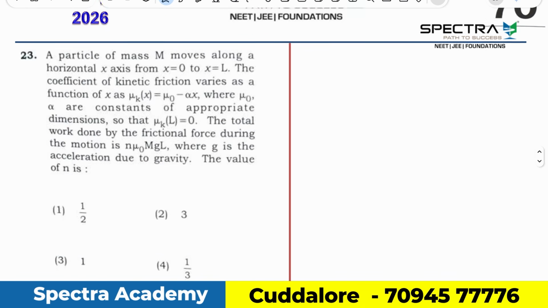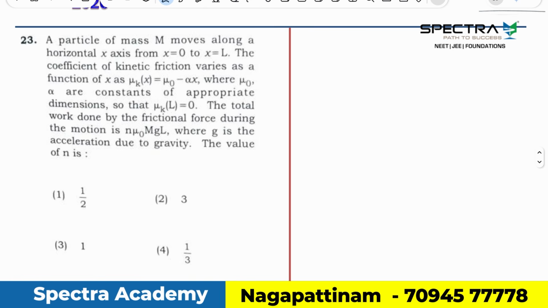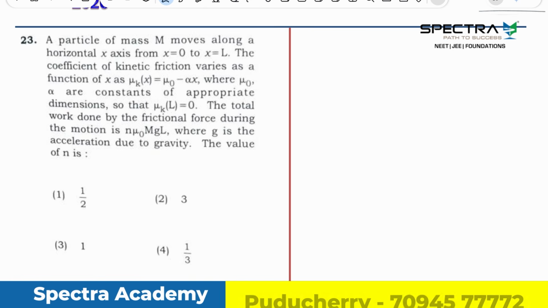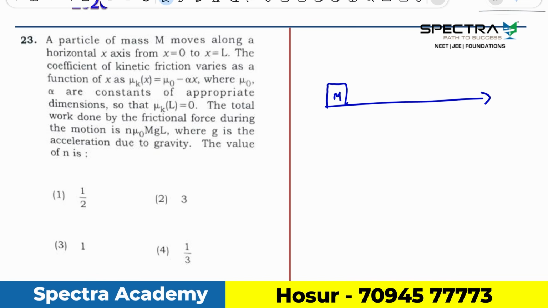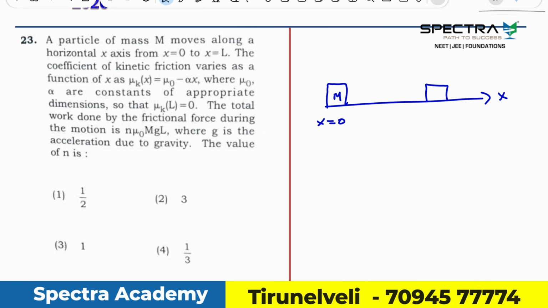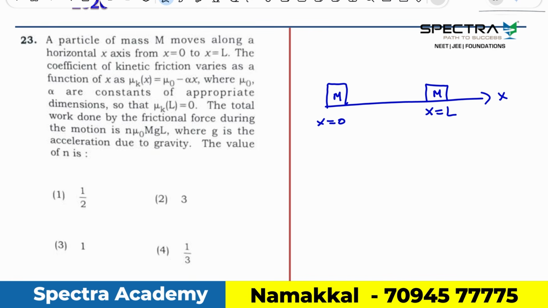See, the next question is, a particle of mass M moves along the horizontal x-axis from x equal to 0 to x equal to L. So there is a particle whose mass is m. It moves along the x-axis from x equal to 0 to a point x equal to L. The coefficient of kinetic friction varies as a function of x.